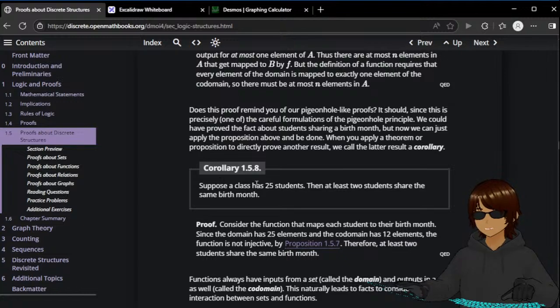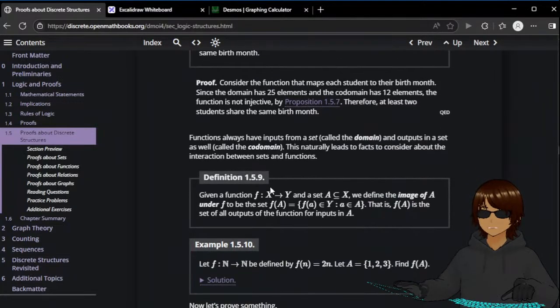Suppose a class has 25 students. Then at least 2 students share the same birth month, because 25 is more than 12. You cannot have one-to-one.